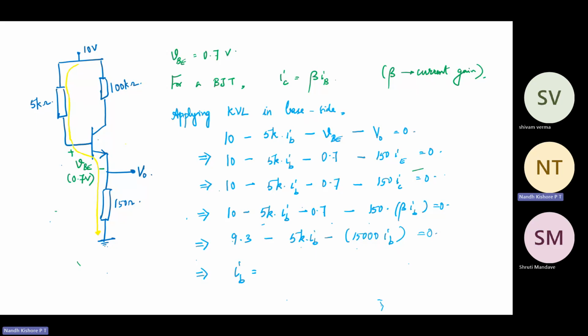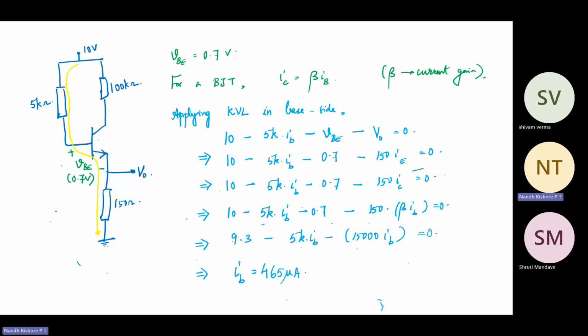Let me take my calculator as well. So you would be getting IB as around 465 microamperes.